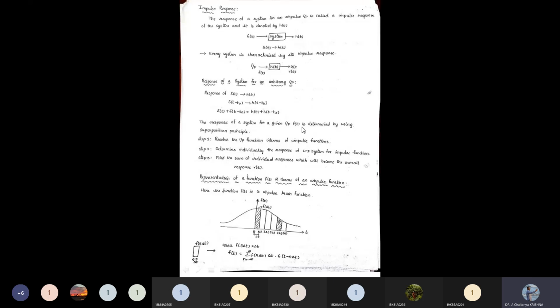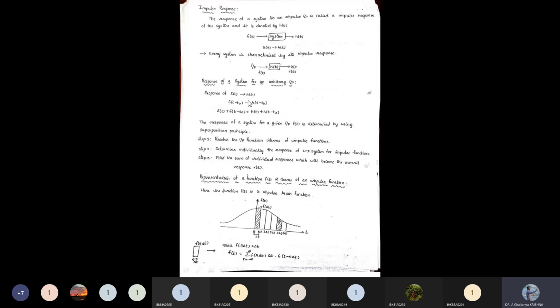First, resolve the input function in terms of impulse functions. Any input function that is given, we change it into impulse functions. Then we find the individual response for each impulse function. Next, we sum the individual responses.